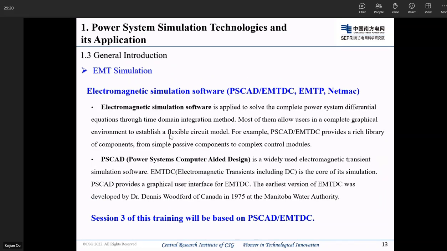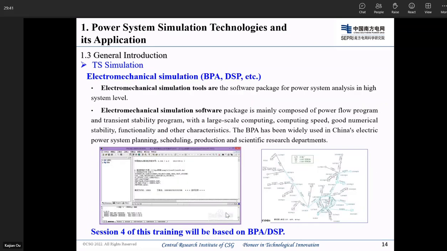Another is EMT simulation, like PSCAD, which is non-real-time EMT simulation, like PSCAD and EMTP. Yesterday I introduced this in detail, so today I will not introduce it again, and I will introduce the TS simulation, like DSP and PPA.